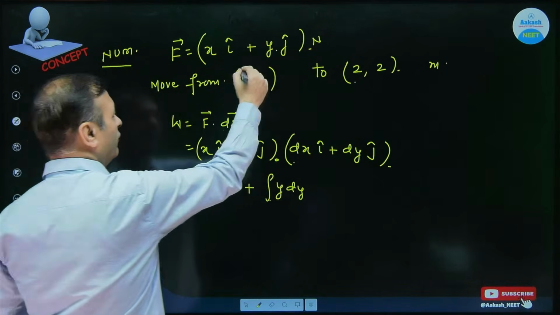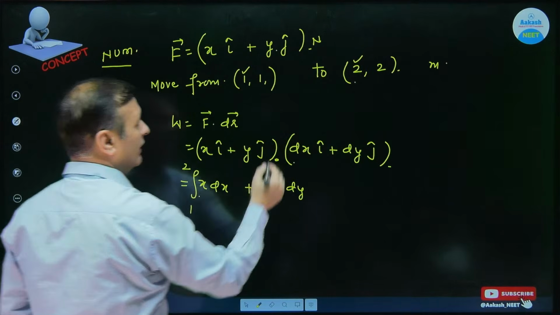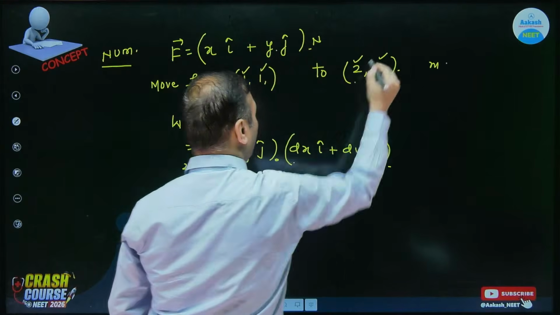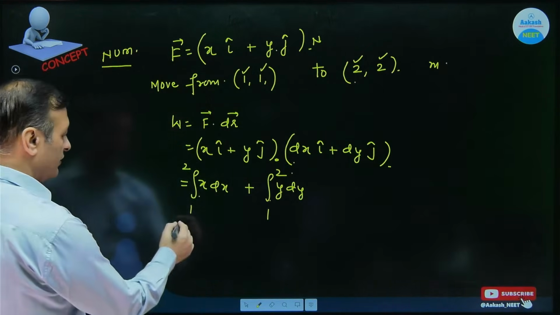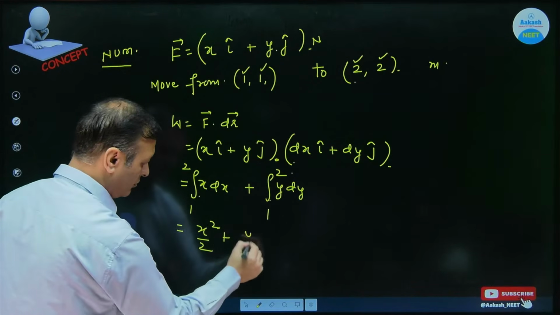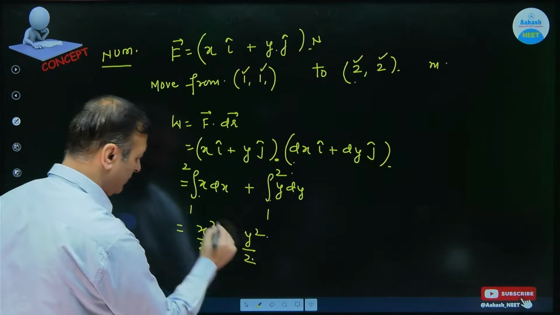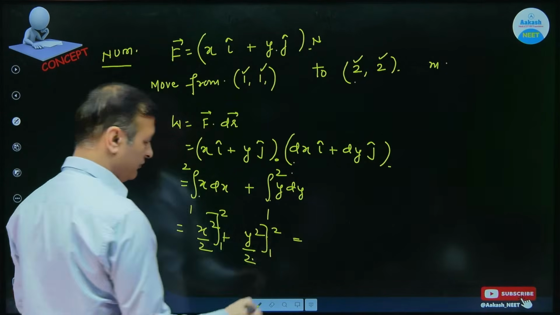You are moving from 1 to 2, and in this situation also from 1 to 2. So that gives you x square by 2, and y square by 2, and when you put the limits from 1 to 2 in both situations, that gives you what?